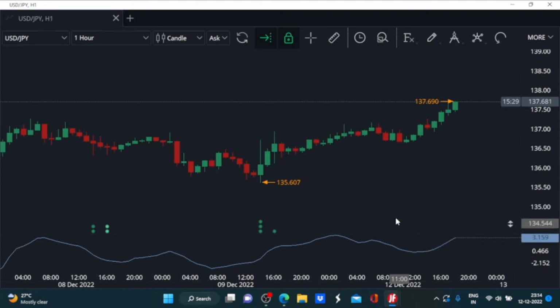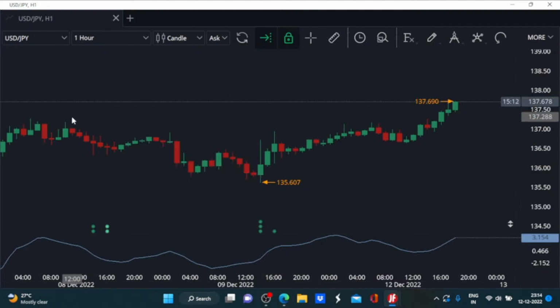The concept is simple. Whenever we have the linear regression lines inclined on the upper side, as a result of that, the angle which is going to be created by taking the left and the right edge difference is going to be positive.